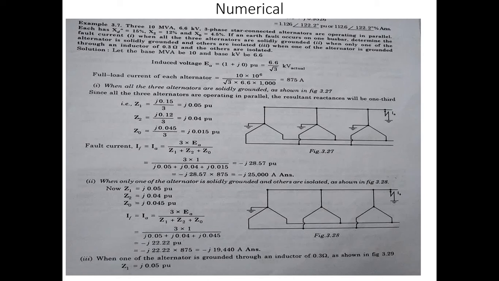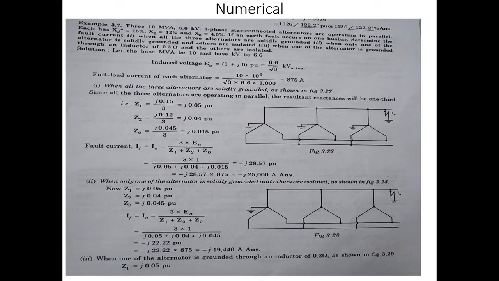Now the full load current of each alternator is power upon voltage, that is 10 into 10 raised to 6 upon root 3 into 6.6 into 1000, because we converted power into volt-ampere, that's why it is multiplied by 10 raised to 6, and we converted the voltage into volts, that's why it is multiplied by 1000. So the current will be 875 ampere. This is the full load current of each alternator.